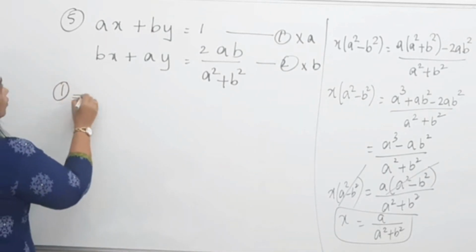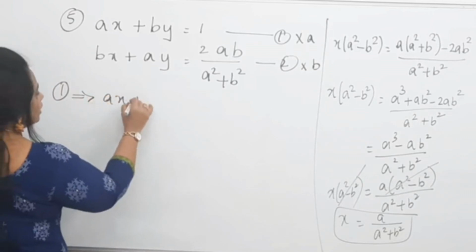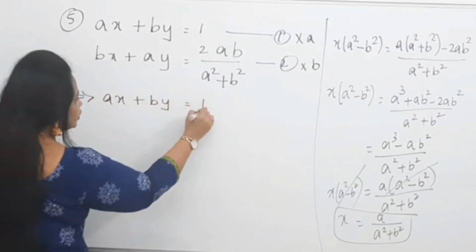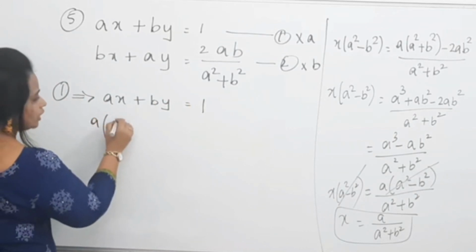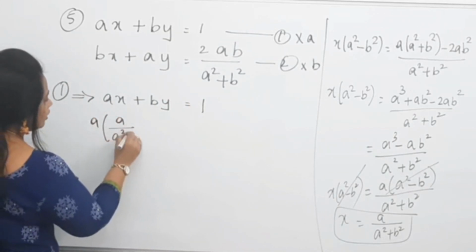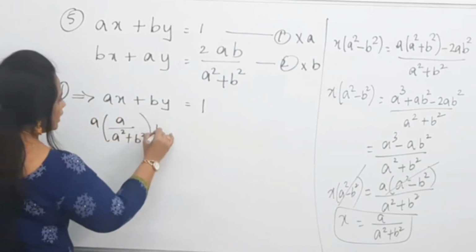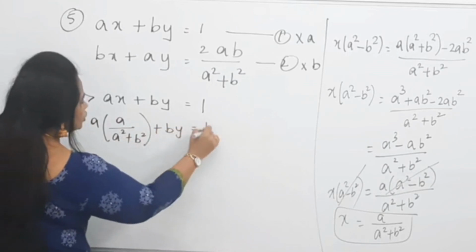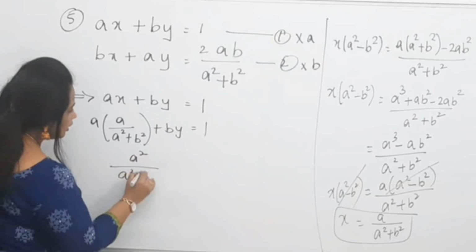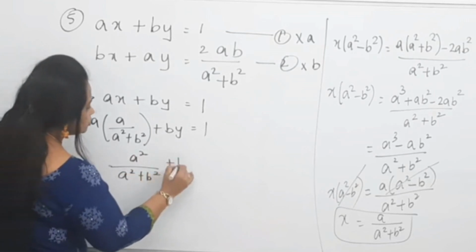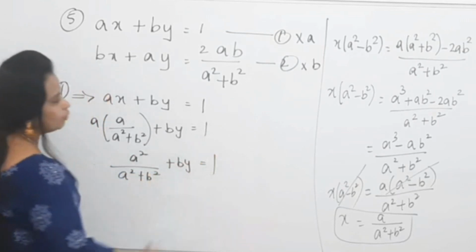So my first equation is ax plus by is equal to 1. This is my first equation. Now I am going to substitute a by a square plus b square plus by is equal to 1. That becomes a square by a square plus b square plus by is equal to 1.